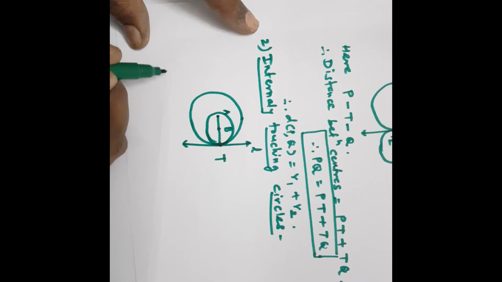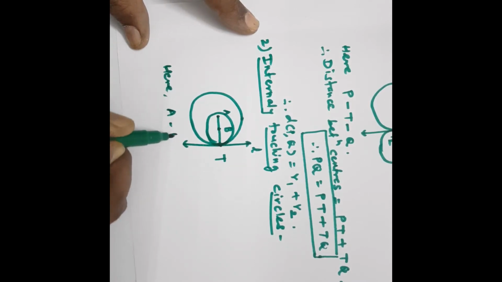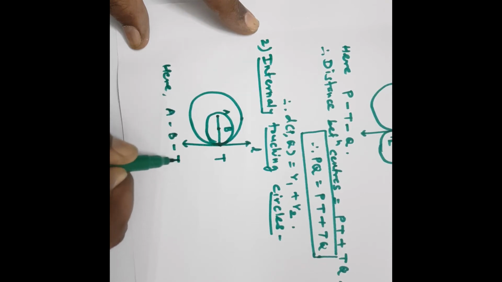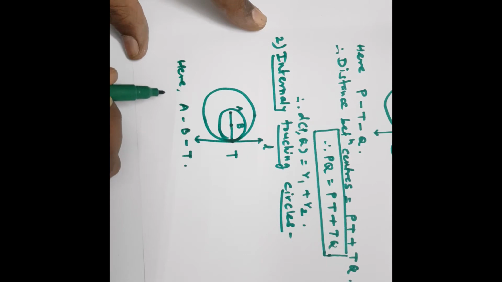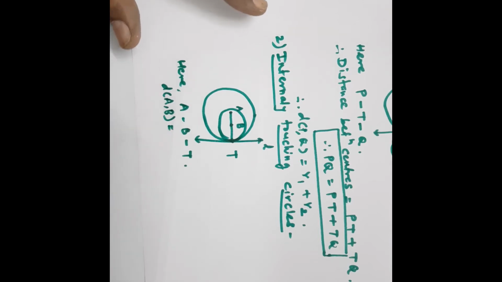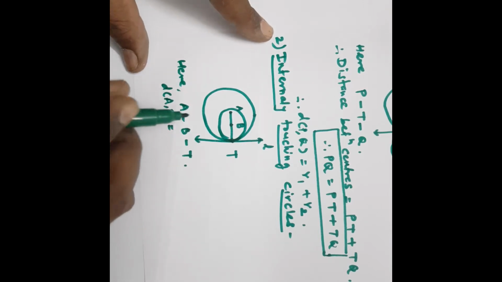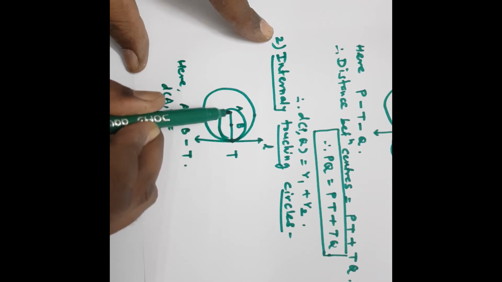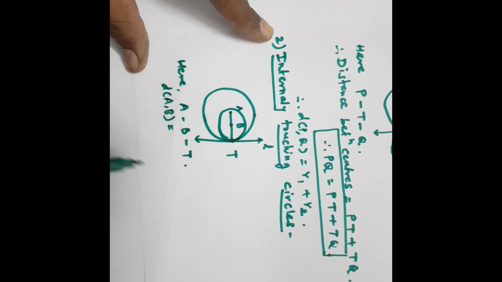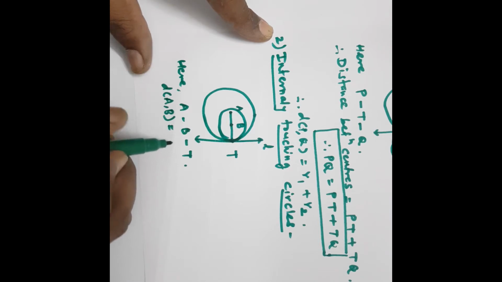Here points A, B and T are collinear. The radius of the circle with center A is AT.